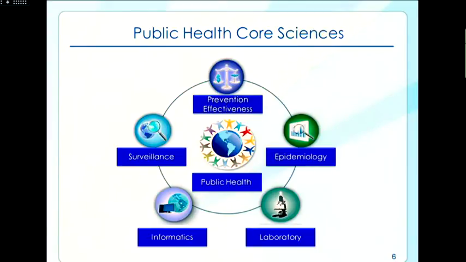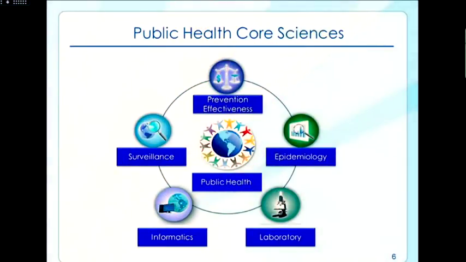Public health laboratories support public health by allowing us to find a diagnosis for a condition that we're investigating. Laboratories also support public health by conducting research and testing. As we continue to move from paper to electronic health records, the science of public health informatics allows us to do that the most effectively possible.